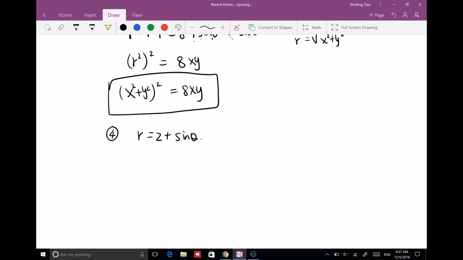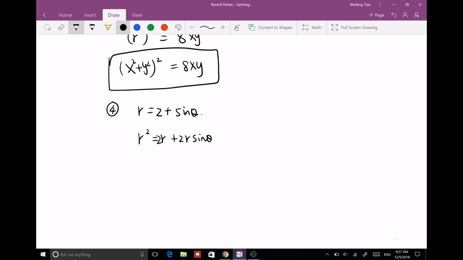Travis, could you please tell me what you got? You multiply both sides by r. r squared equals 2r plus r sine theta.